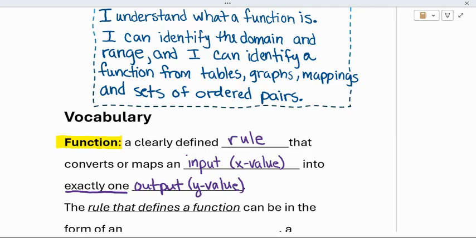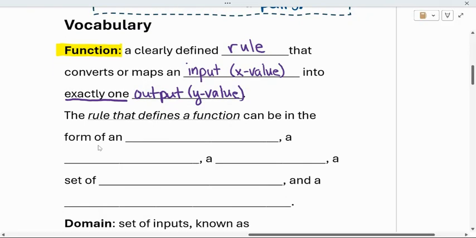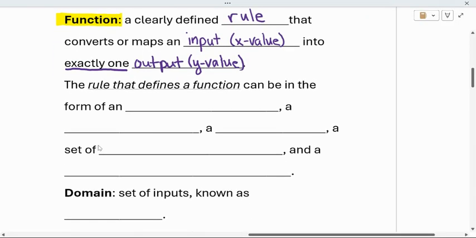Okay. So the rule that defines a function can be in several forms. The first one can be in the form of an equation. It can be in the form of a table, an XY table or XY chart. It can be in the form of a graph.